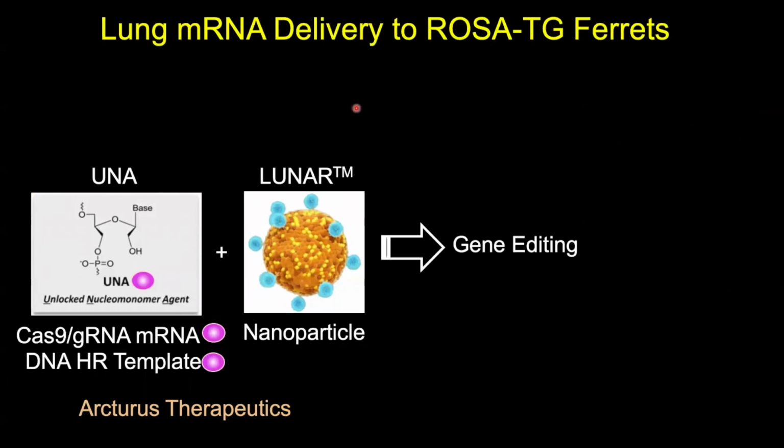We've also been utilizing ferret models to test mRNA delivery approaches, which are compatible with gene editing. This is in collaboration with Arcturus Therapeutics, using a lipid nanoparticle coupled with mRNA that's tagged with this UNA.